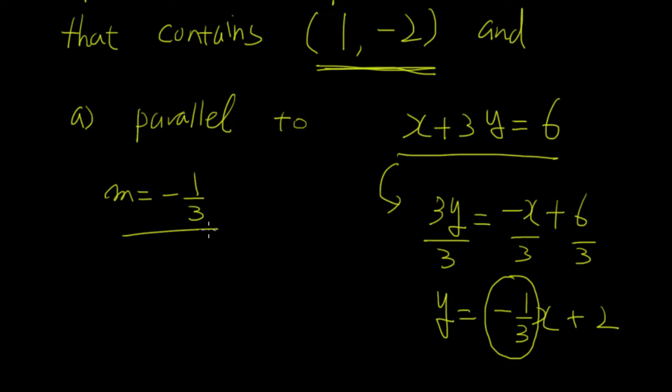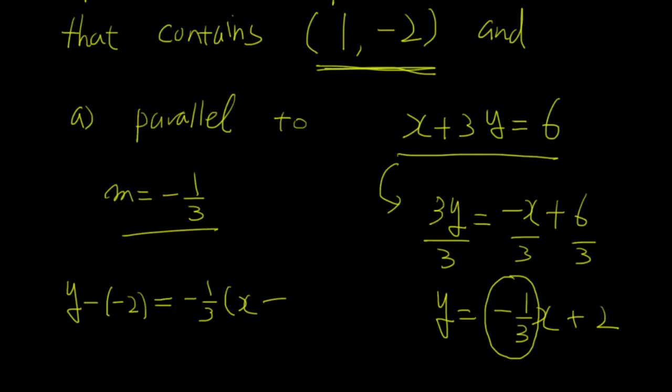So when we have a point and a slope, what form should we use? We should use point slope form. So y minus y1, which is -2, right? This is x1, y1, equal m times x minus x1.